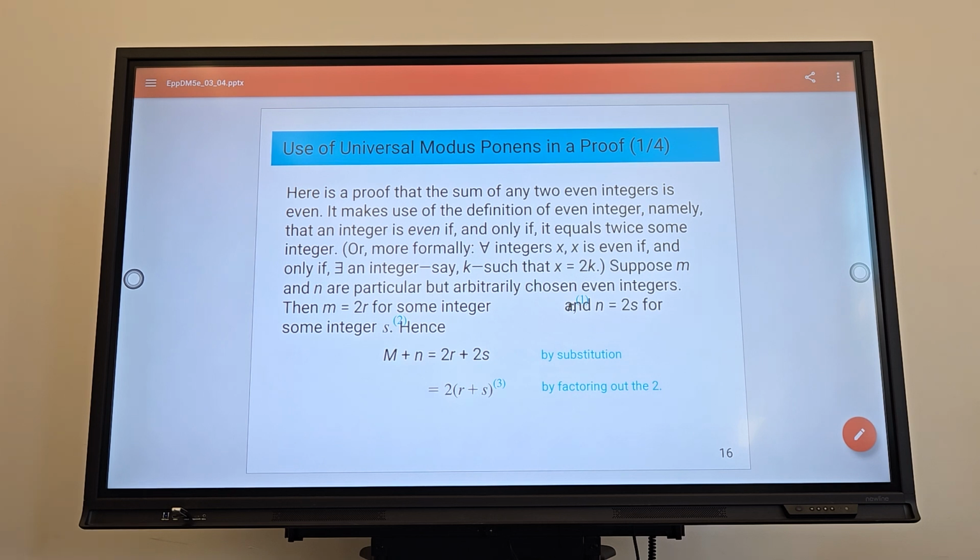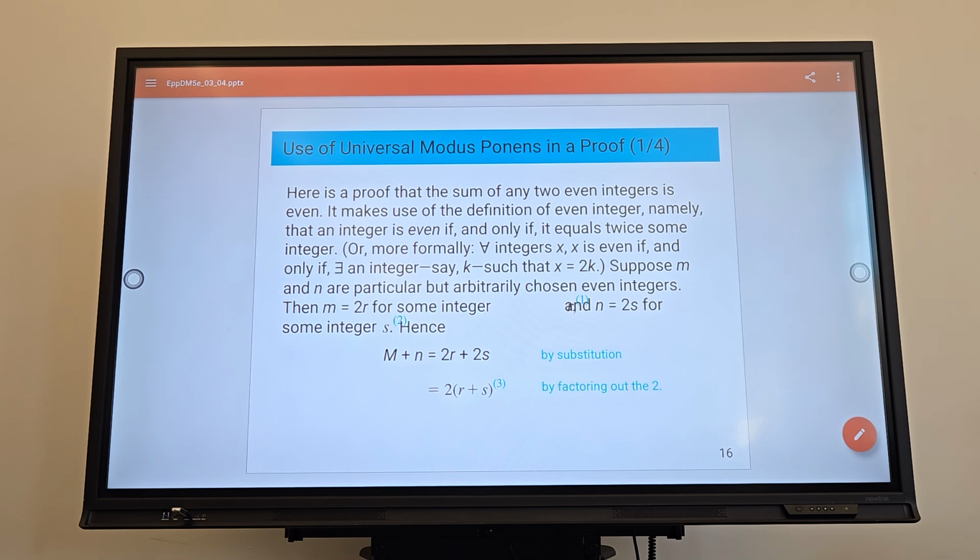Suppose m and n are arbitrarily chosen even integers, then m equals 2r for some integer r, and n equals 2s for some integer s. Therefore, m plus n equals 2r plus 2s by substitution.